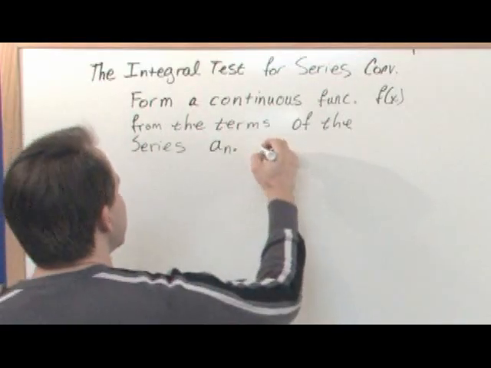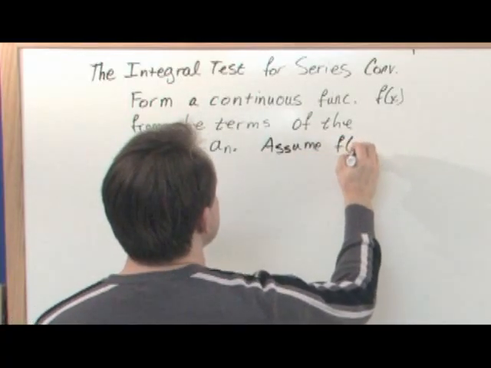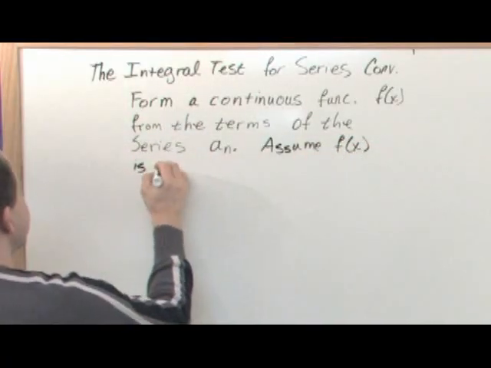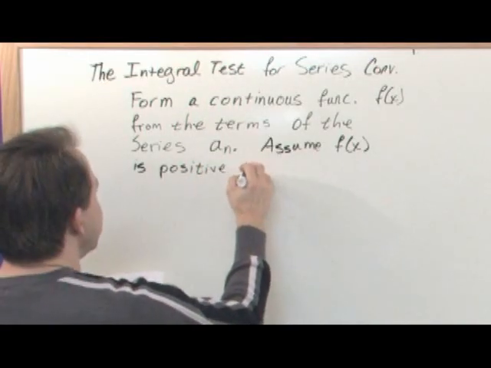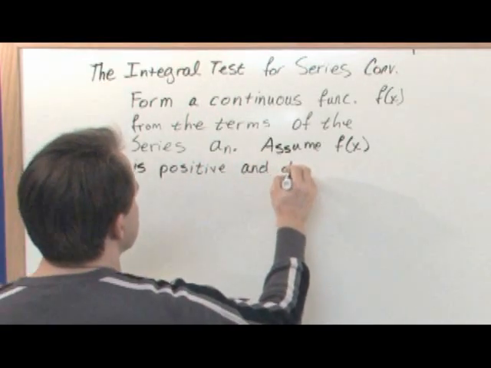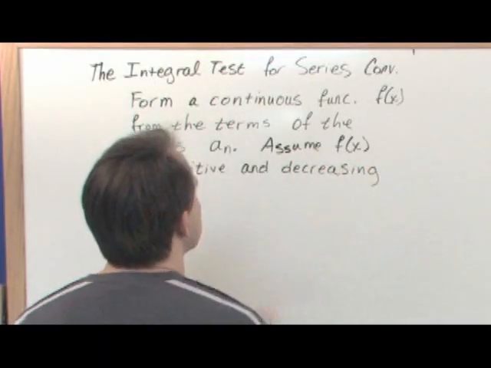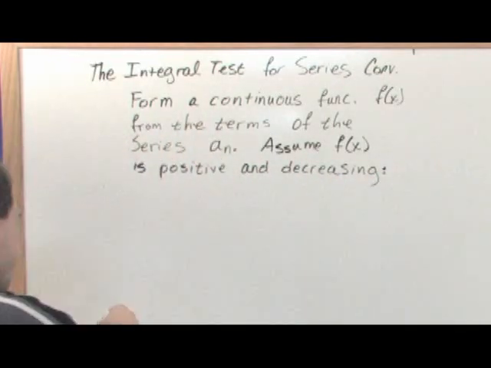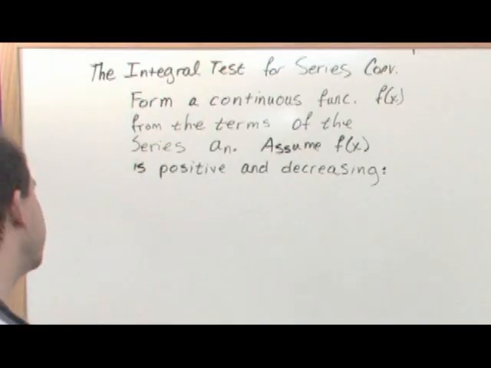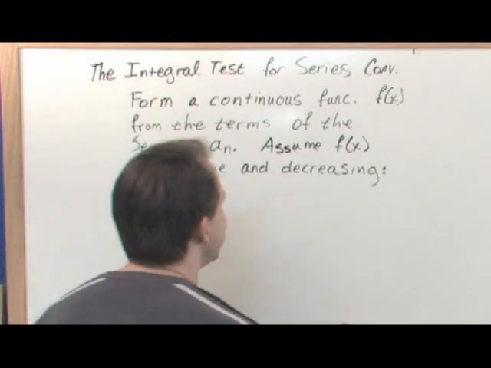Okay. And then we're going to assume that f of x is positive and decreasing. I'll say one word about that. Remember, in order for this series to have a hope and a prayer of actually converging, the terms or the elements of that series that you're adding up must decrease to 0.